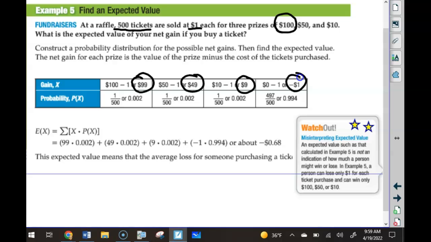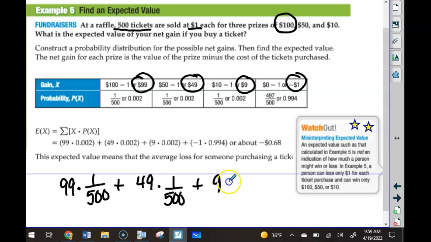Does that seem okay? And then we're going to multiply those by the probability, just like we just did with the probability distribution. So 1 out of 500 people wins $99. 1 out of 500 people wins $49. 1 out of 500 people wins $9.